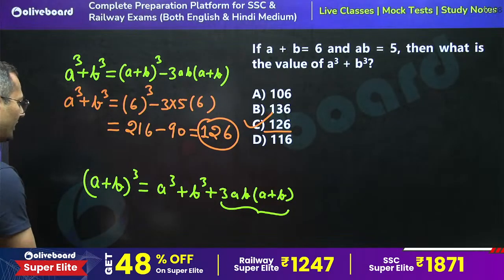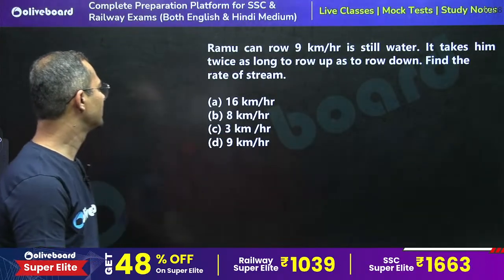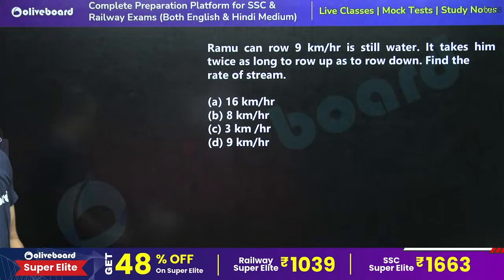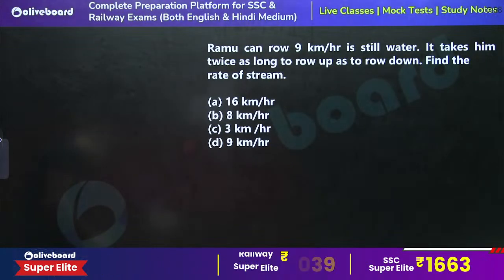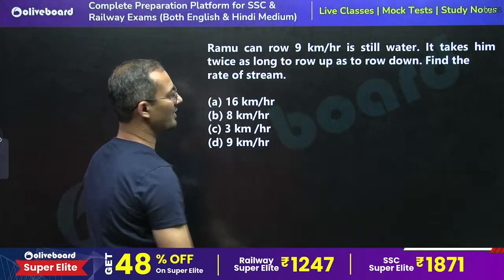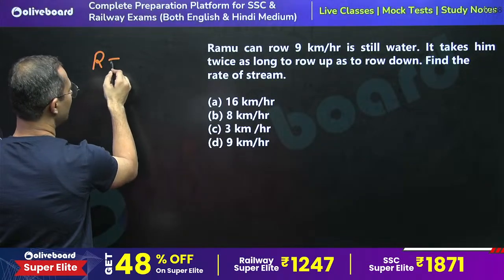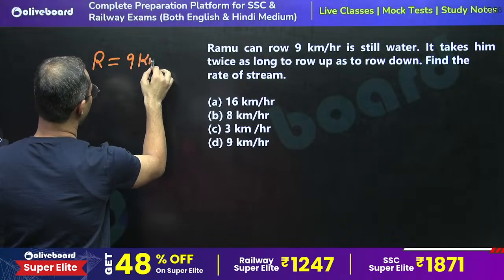So moving forward, tell me what is the answer for this? Ramu can row 9 km per hour in still water. Still water means the speed of Ramu is only 9 km per hour, right?